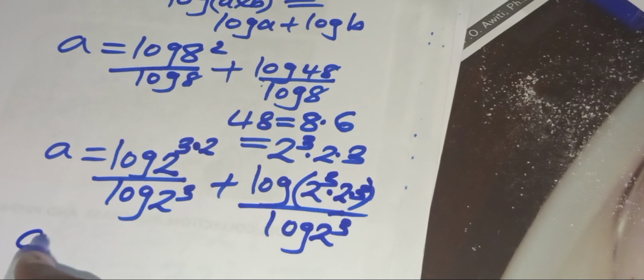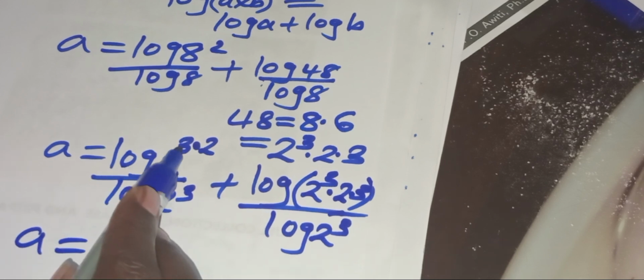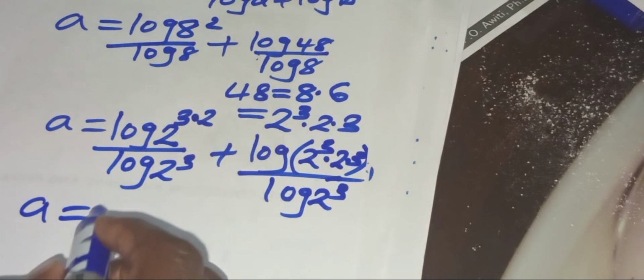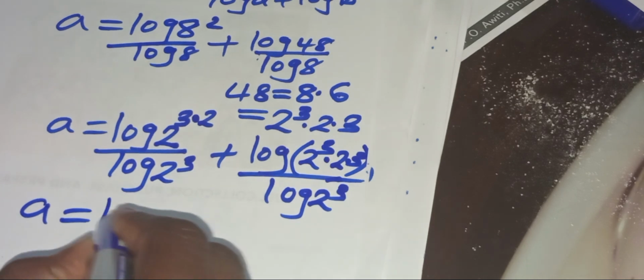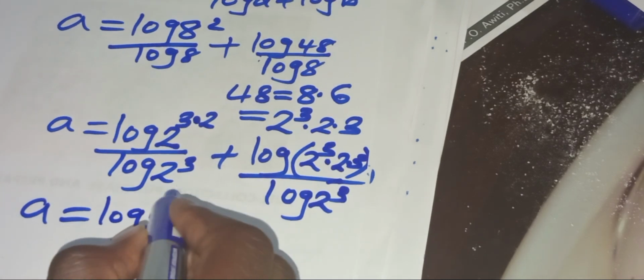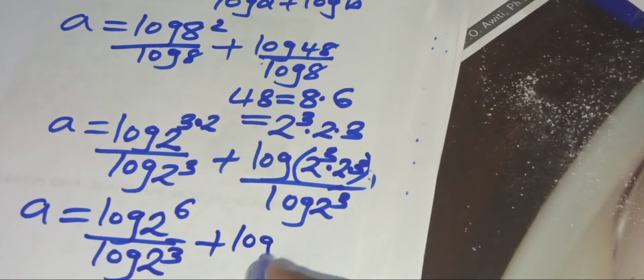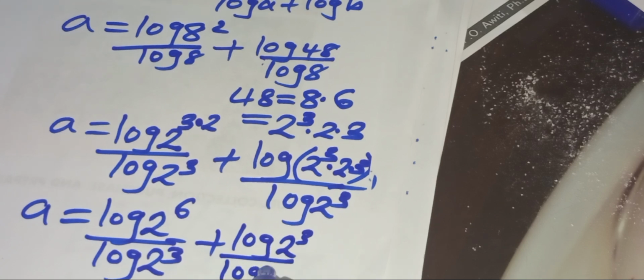So a is equal to log 2 to the power 3 times 2, which is 6, divided by log 2 to the power 3, plus log 2 to the power 3 divided by log 2 to the power 3, plus log 2 divided by log 2 to the power 3.